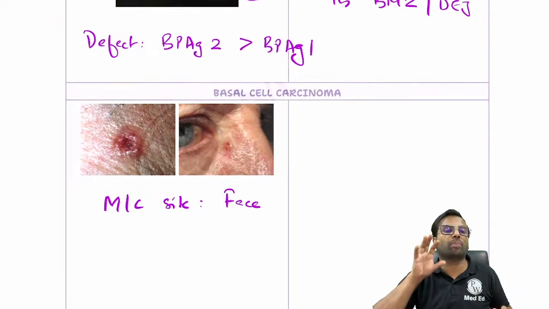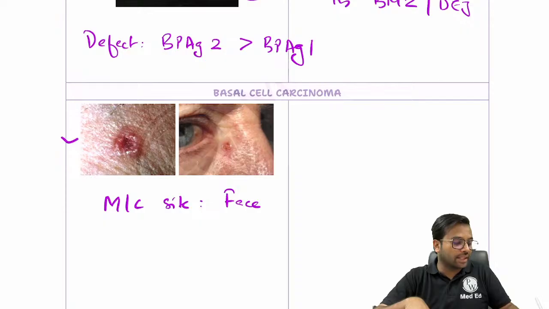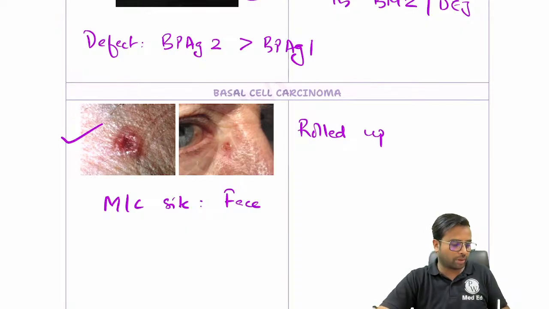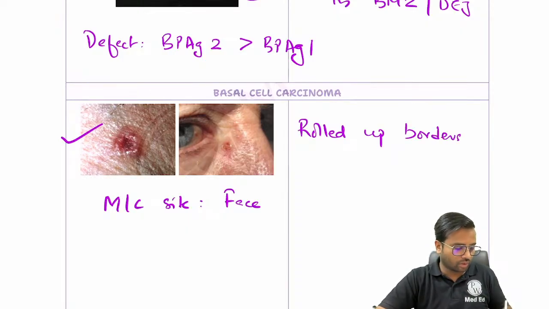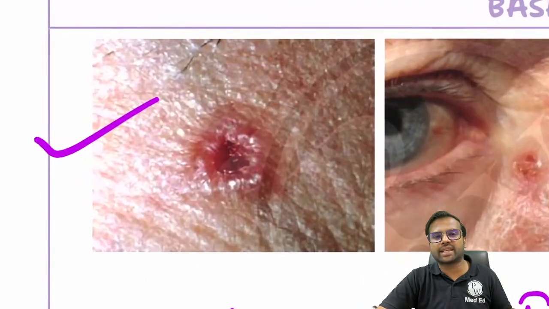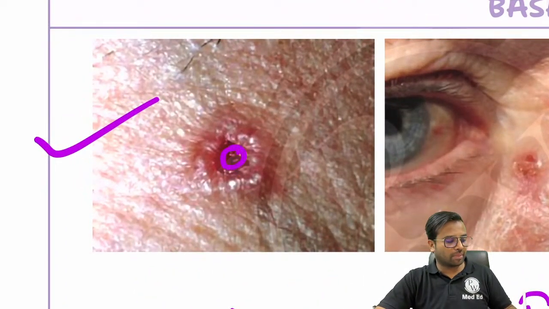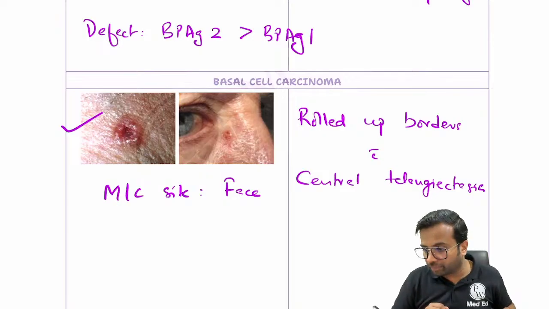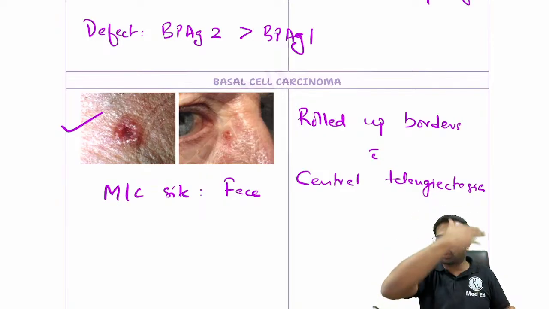And you have to make a spot diagnosis because this image will help you, because you can see rolled up borders with central telangiectasia. What does central telangiectasia mean? When I zoom this image, the red color that you can see in the center, those are all telangiectasia, and you can see some rolled up border, isn't it? And the most common site is going to be the face.